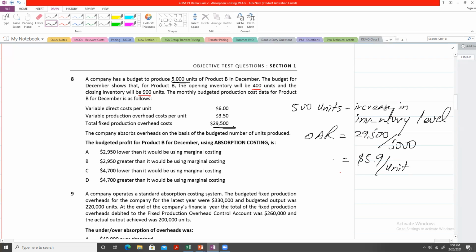We multiply this figure by 500 units, the change in the inventory level, to get an answer of 2,950.